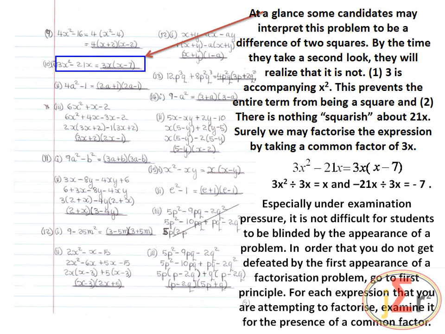For each expression that you are attempting to factorize, examine it for the presence of a common factor. If you do that, you will never be blinded by the appearance of a particular expression, especially to be deceived that it is a difference of two squares initially.